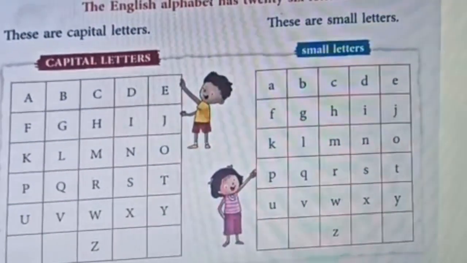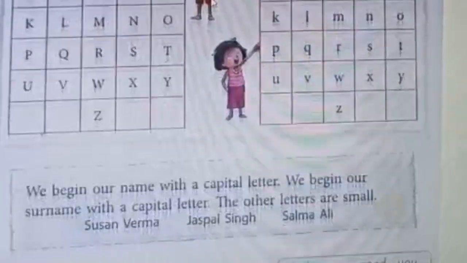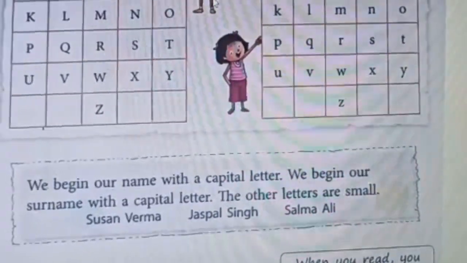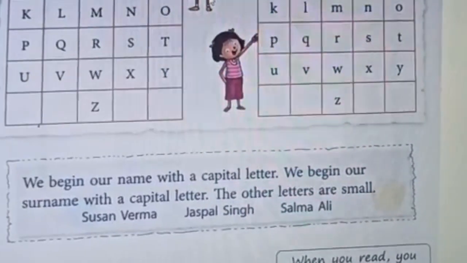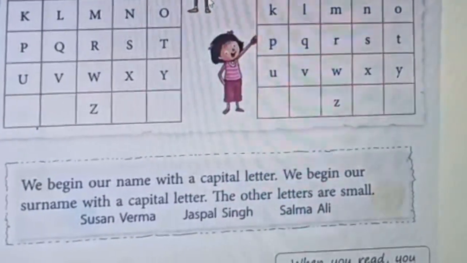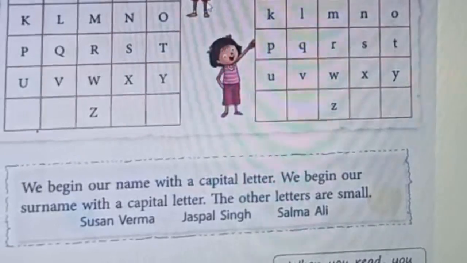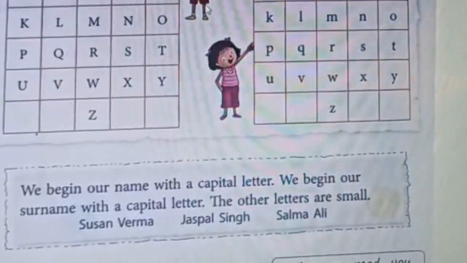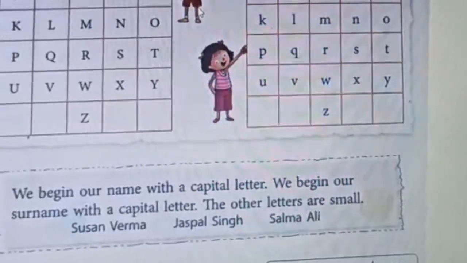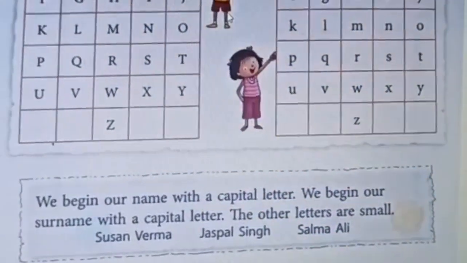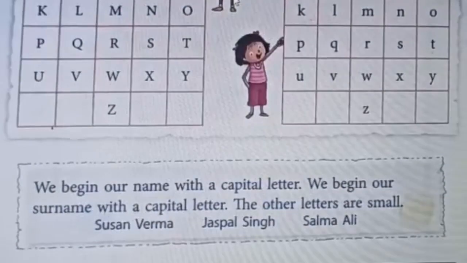And next, now let me tell you when do we use capital letters. We use capital letters whenever we are writing proper nouns. We start the word with capital letter, and rest of all our letters are small letters. We begin our name with a capital letter.